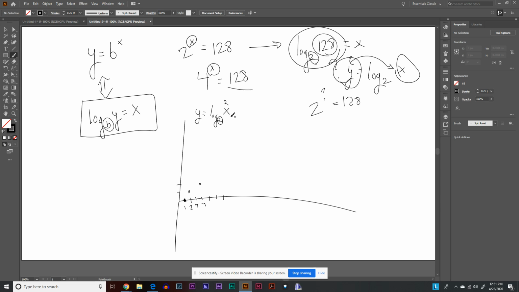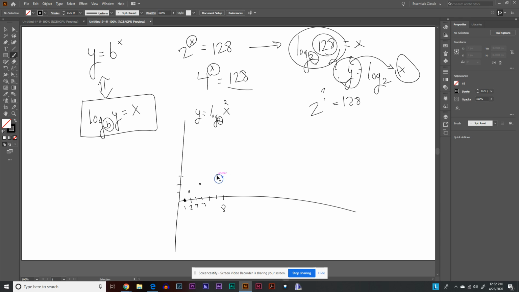Do you see what I'm saying? 2 to the power of what equals 7? Well, I don't know. But if I go all the way to 2 to the power of what equals 8, then there is a whole number that will do that for me, right? And it's 3.